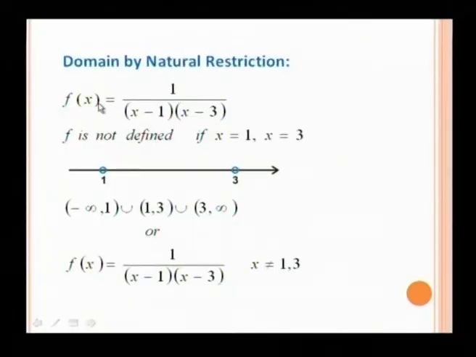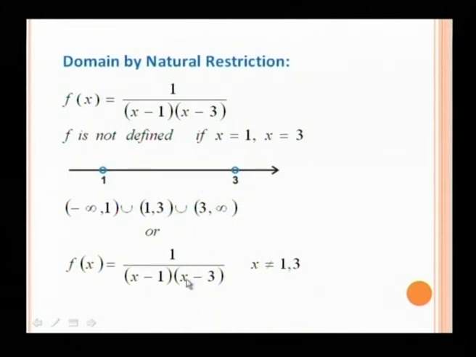If we have a function f of x is equal to 1 divided by (x minus 1) into (x minus 3), it's quite clear that the function is not defined if x is equal to 1 or x is equal to 3. If we show the solution set on a real line, the solution set for this example is minus infinity to 1, union 1 to 3, union 3 to infinity.